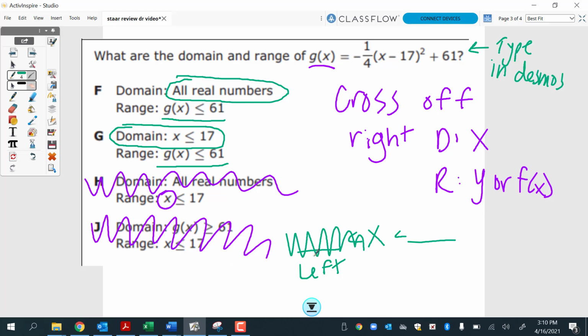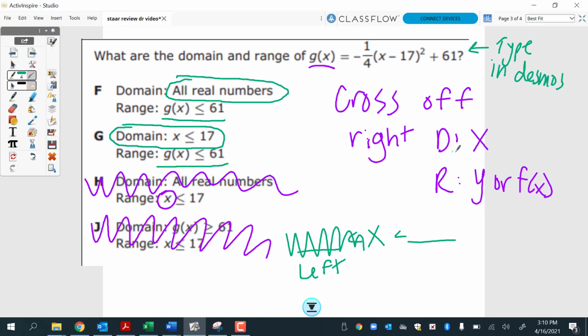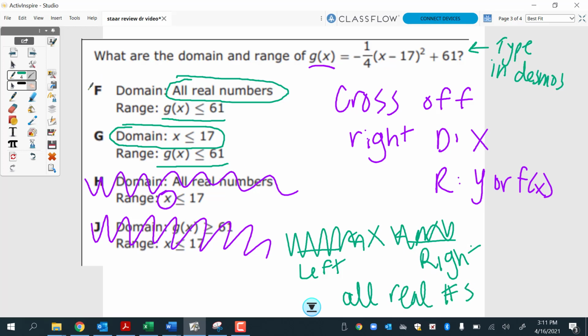It goes on and on and on. On the right, this side continues on and on and on. That's an arrow also, so we would cross this side out also. If you cross off both sides, that means the answer is all real numbers. So that means the answer was F.